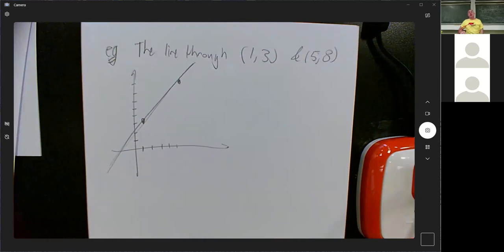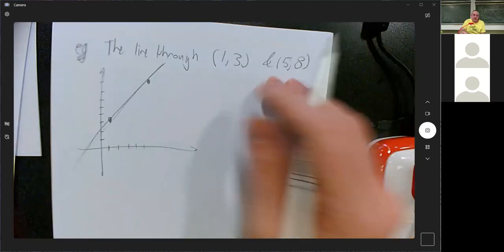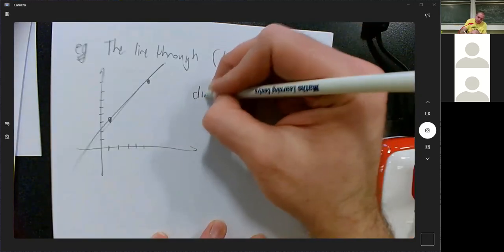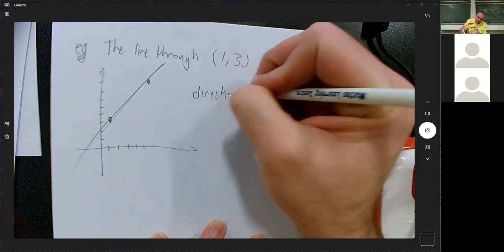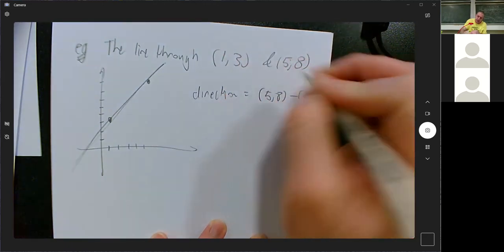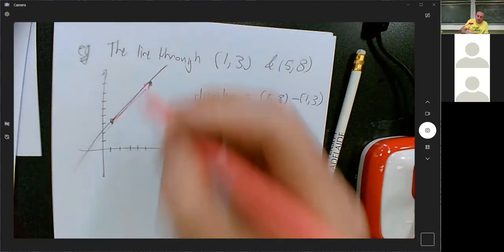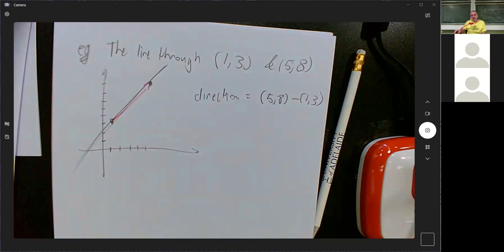I could choose either one of those as the starting point, and I can choose the arrow that goes between them as the direction. So I'll choose this direction, which will be the end minus the beginning.